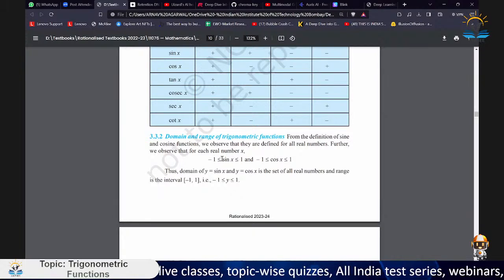Their range is only from -1 to 1. They cannot exceed 1 and they cannot go below -1. You need to remember this. From this, we can conclude that the domain is all real numbers, but the range is only -1 to 1, right?